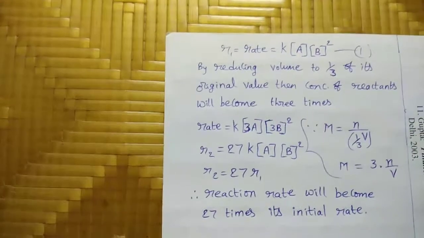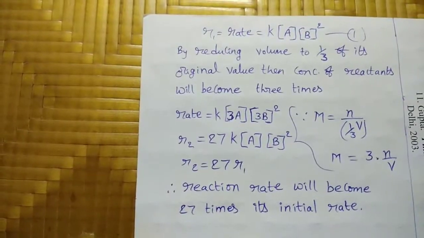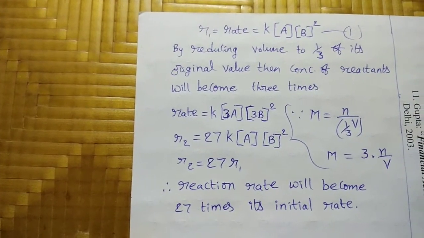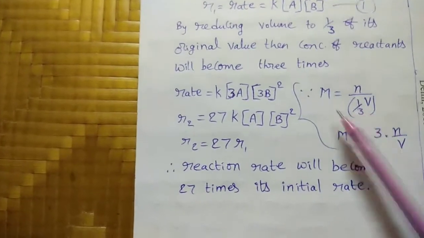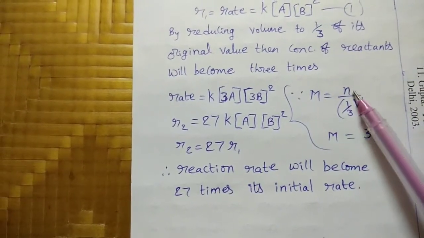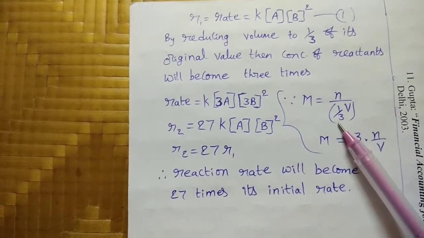Initially, rate R1 equals K into the given rate expression. By reducing the volume to 1/3 of its original value, the concentration of the reactants will become 3 times, because molarity M equals number of moles divided by volume. Here the volume changed to 1/3, that means V by 3.